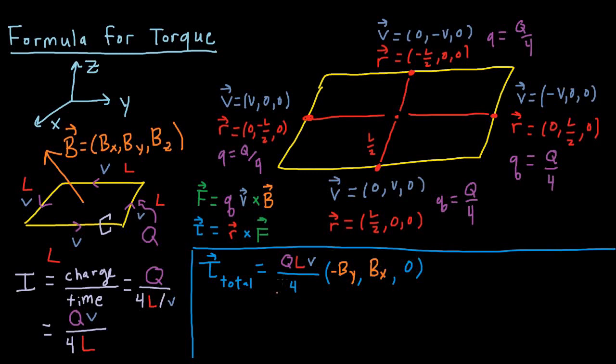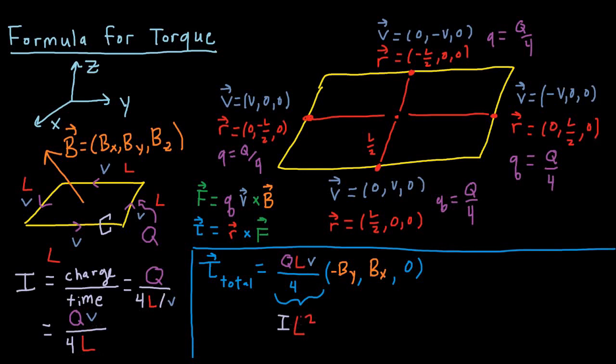Okay, so the first thing to notice is that this prefactor QLV over 4 is just equal to the current I times L squared. So this whole thing is just I times L squared, right? See, that's I. If you just multiply it by L squared, you get this thing.